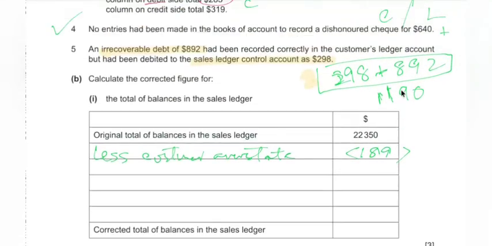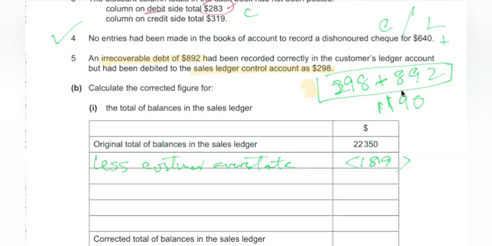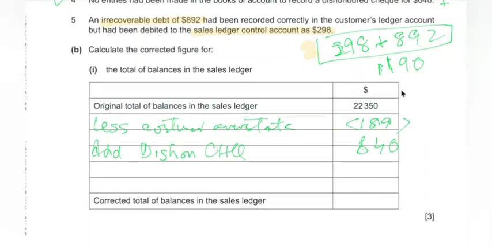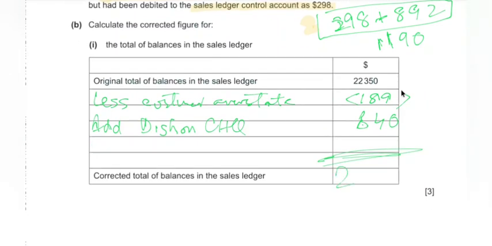So this 640 over here, your entry number 4, so we add dishonored check, this is 640, right? So there was no other entry affecting this. Let's just total. So this will add up to 22801.